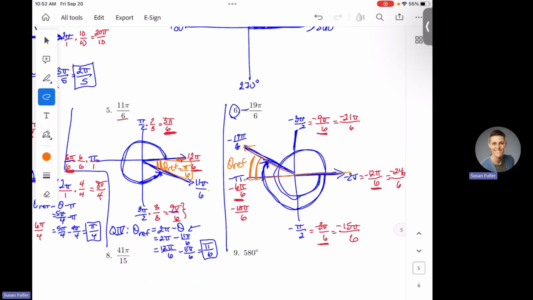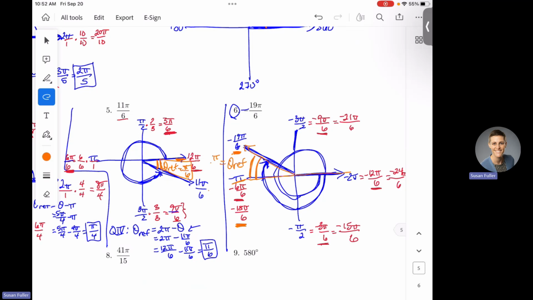Now, how big is that? Well, it's the space between this guy, negative 19 pi over 6, and this guy, which was negative 18 pi over 6, right? That was the last coterminal angle that we saw as we continued through. So the space between negative 18 pi over 6 and negative 19 pi over 6, yep, that space is 1 pi over 6.